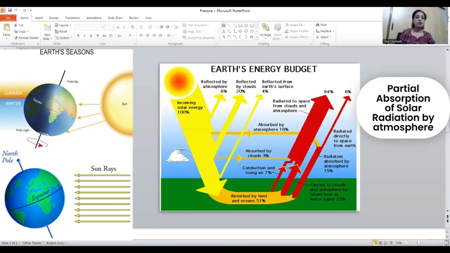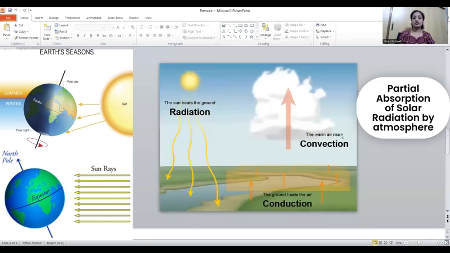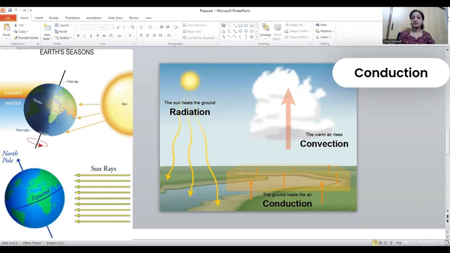So now we move on to the next slide to understand the difference between conduction and radiation, which again plays a crucial role in heating and cooling of the atmosphere. In the conduction process, there occurs a transfer of heat energy from the warmer object to the cooler object. When two objects of unequal temperature come in contact, this heat flow continues till the temperature of both objects becomes equal or the contact is broken.